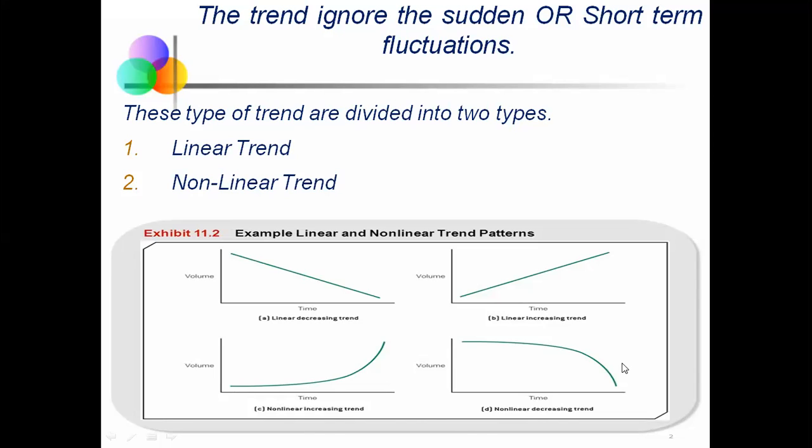Here also it is not a straight line. So this is a simple example of the trend, which ignores the short-term fluctuations. You can remember this note: the trend ignores the short-term fluctuations.